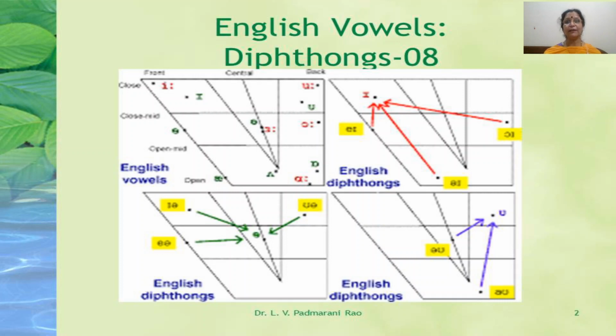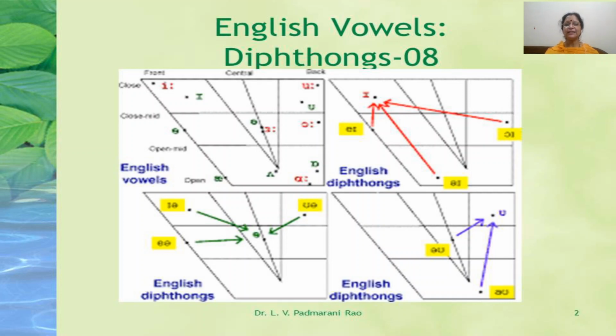So it's a long glide or the wide glide. If you look at OI, which is beginning at O and ending with E, this also is traveling all the 3 compartments. Do you realize that? That's right. So even OI is a longer glide or a wider glide. So in the first diagram, you could find 2 longer glides or wide glides, I and OI, and 1 short glide or narrow glide, A.